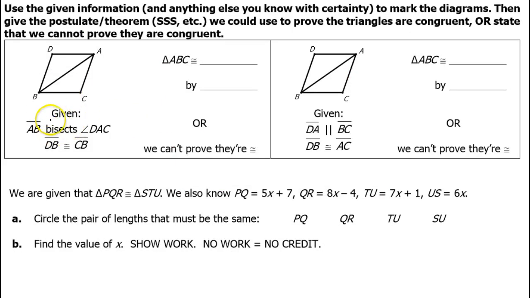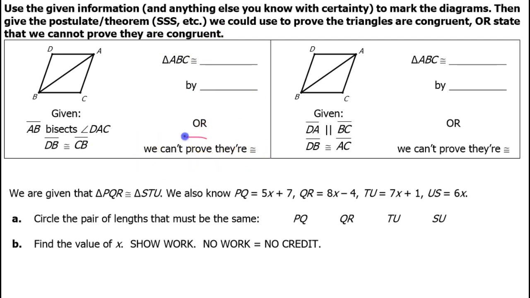Okay, so we're supposed to use the given and anything else we can just know from the diagram to say why we can prove the two triangles are congruent, or we're going to say that they can't be proven congruent. Caution, we are either going to fill in the blanks or we will circle we can't prove they are congruent.